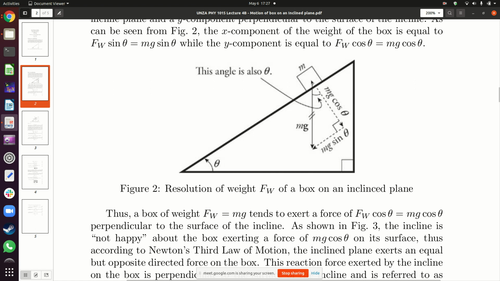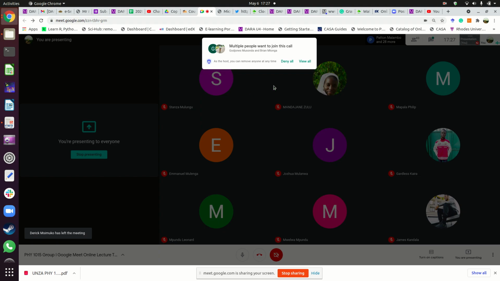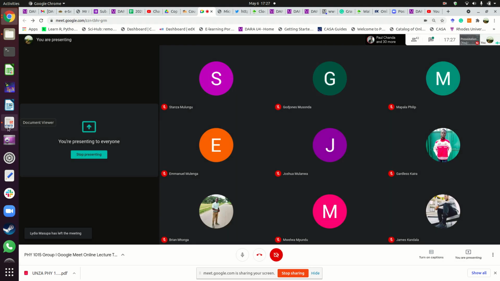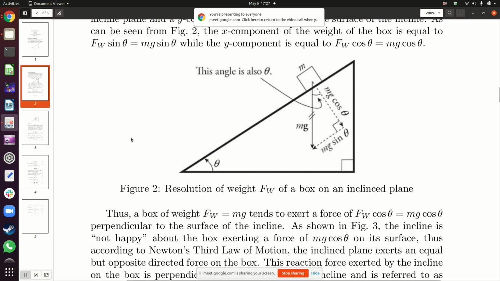So there is a force called weight which is acting on this box, and that weight points downwards. Are we clear on the weight that is pointing downwards? Yes, sir. We are clear.